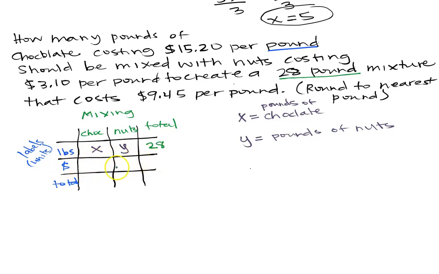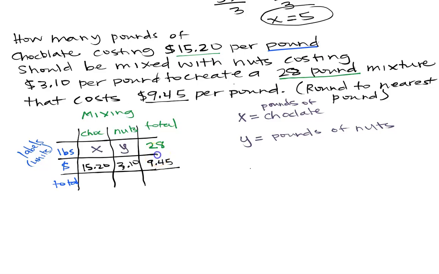Then with the money, I know that the chocolate costs $15.20 per pound. The nuts cost $3.10 per pound. And then on this one, the total cost per pound, we want to charge $9.45 a pound.